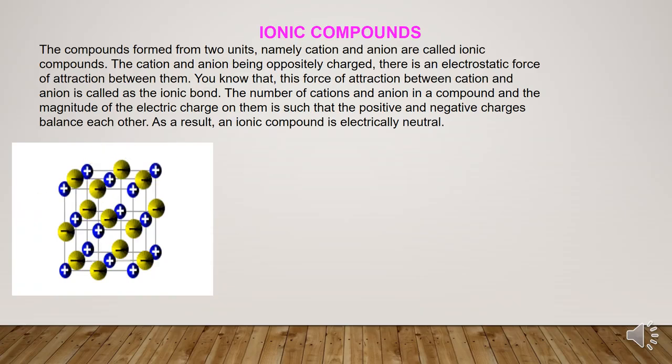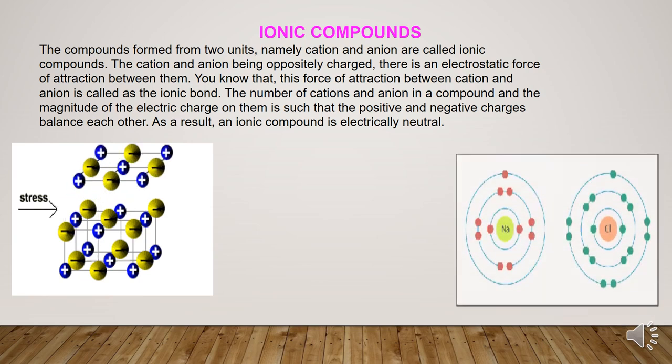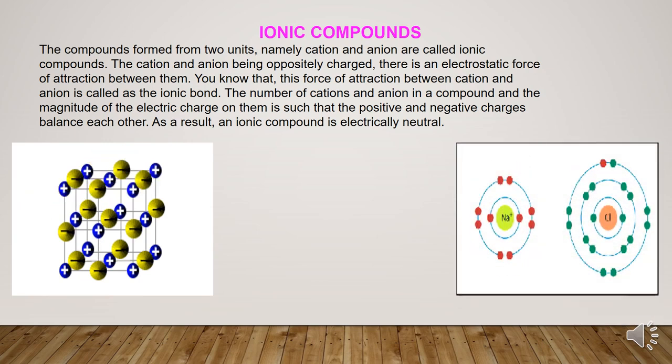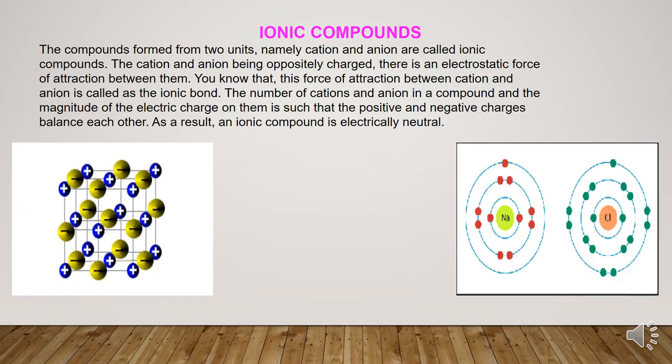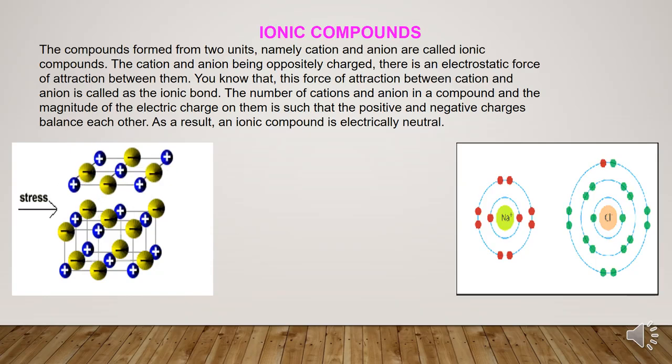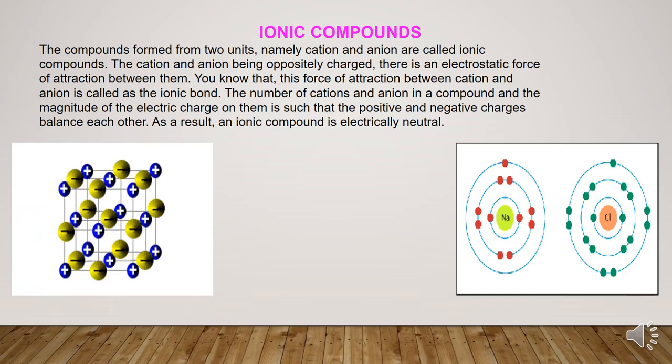So here, in order to maintain a balance between each other, these have an equal number of positive and negative charges among themselves. As a result, an ionic compound is electrically neutral, meaning now their outermost orbit will have a complete octet and they will not chemically react with other elements or compounds. So they become electrically neutral.